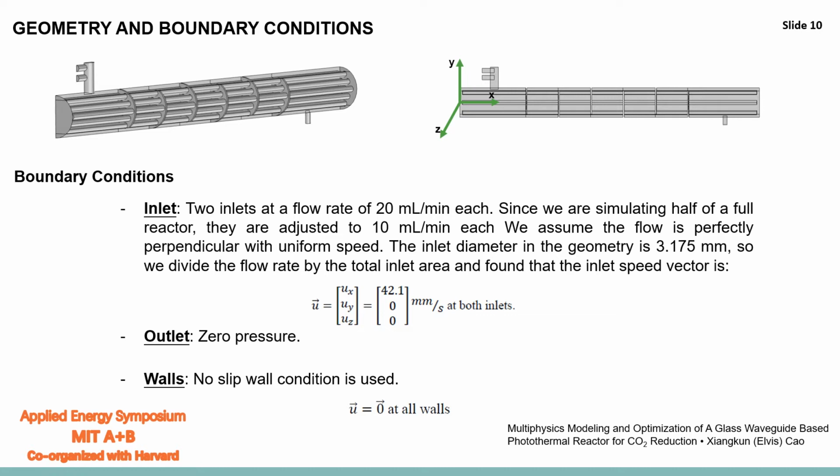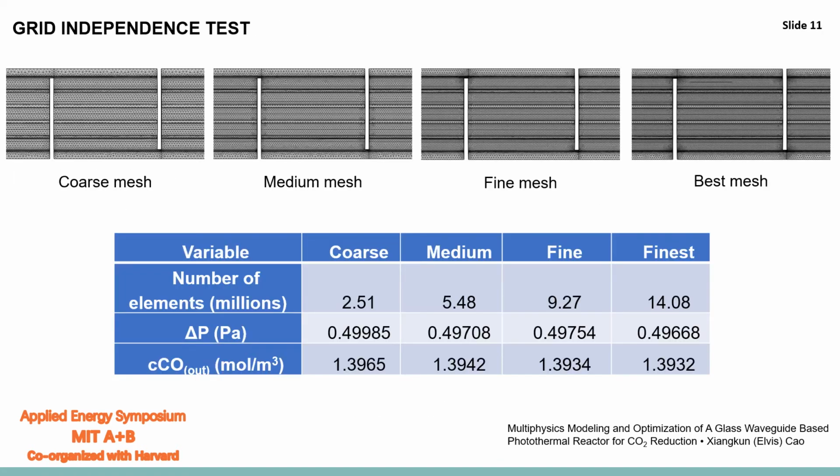The outlet is a zero pressure boundary condition. For all of the other walls in the reactor, we are using a no-slip wall condition. During the experiments, we were conducting the reverse water gas shift reaction, in which CO2 and hydrogen react to form carbon monoxide and water.